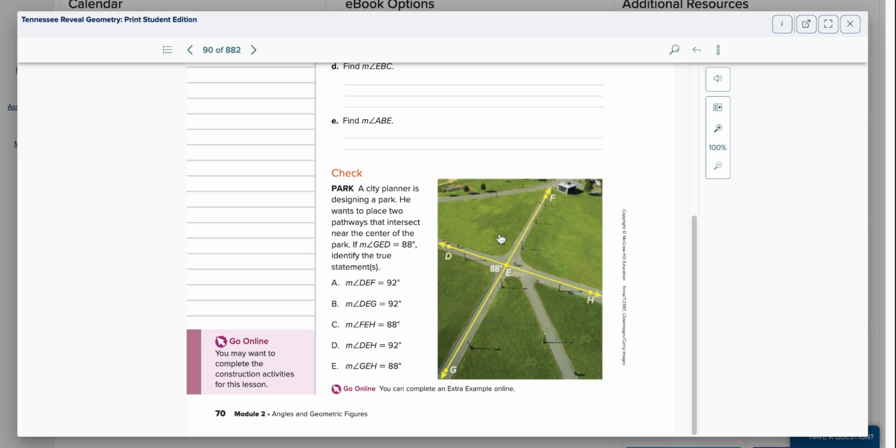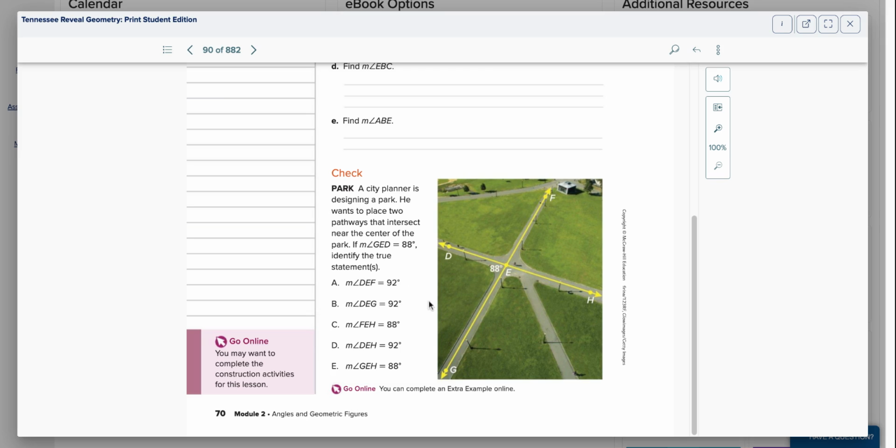So you need to find out what this angle right beside it is, just simply by doing 180 minus 88. So I'm going to grab my calculator and do 180 minus 88, and that's 92. So this angle and its vertical angle below are both 92. So FED, or backwards DEF, are 92. So it looks like A is the correct answer.